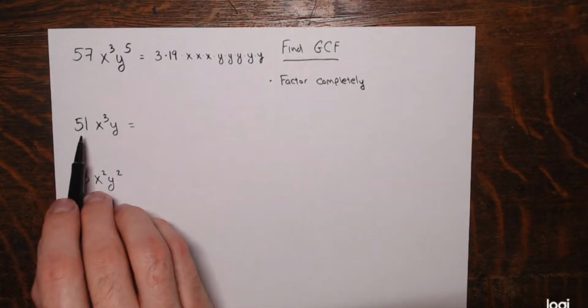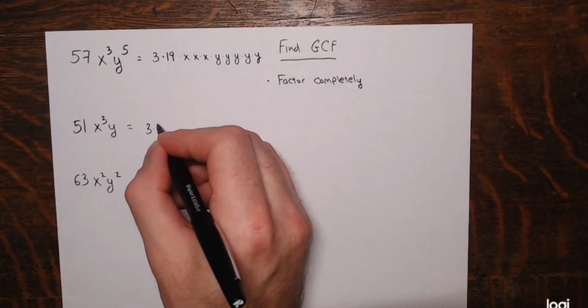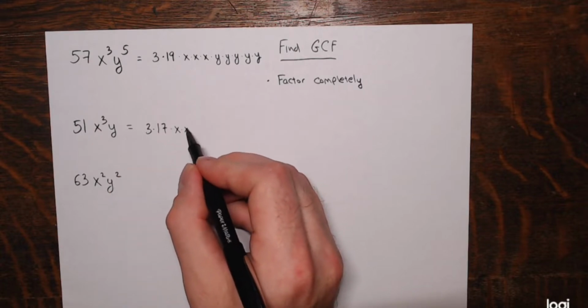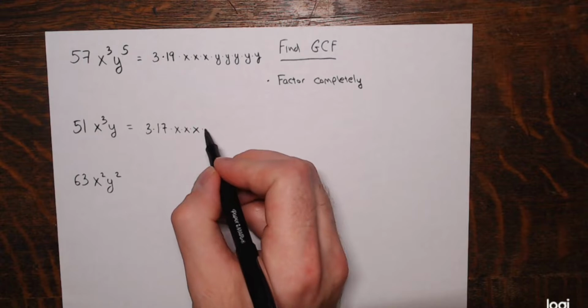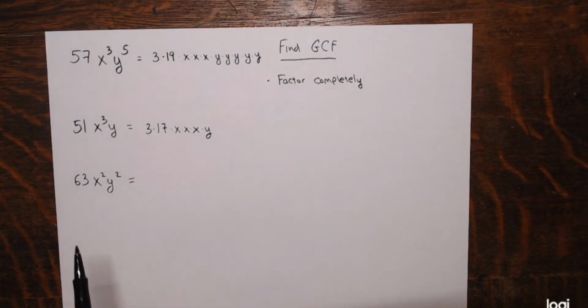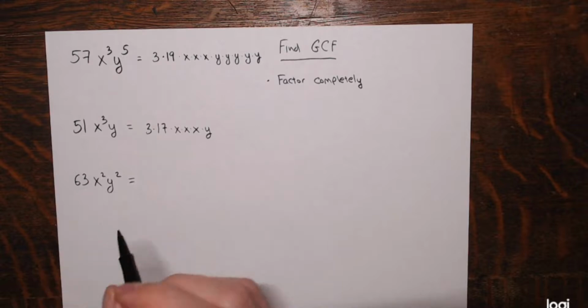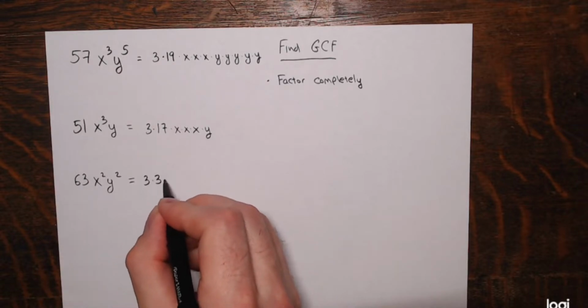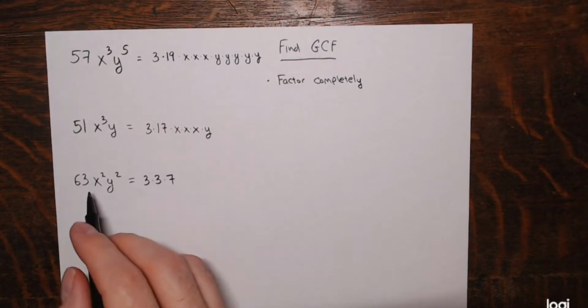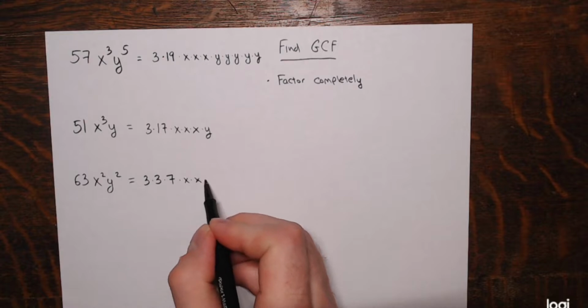51 is 3 times 17, and then x cubed is x times x times x, and then y to the 1st is just y. And 63 is 9 times 7, which is 3 times 3 times 7. And then x squared is x times x, and y squared is y times y.